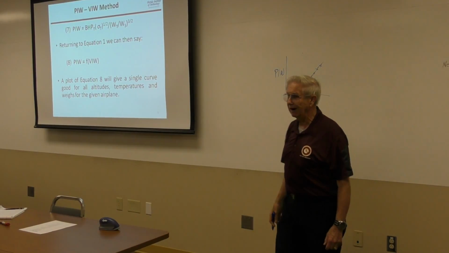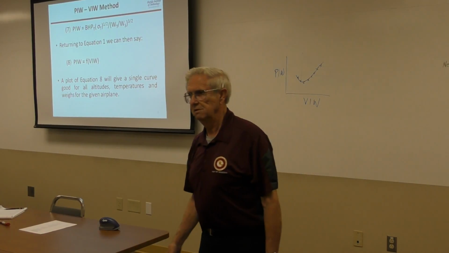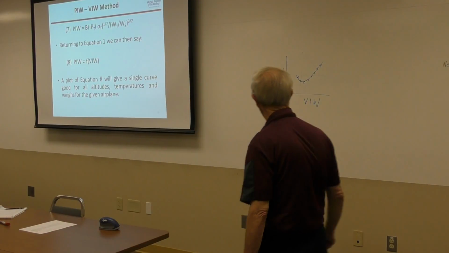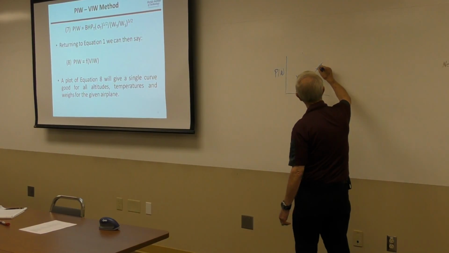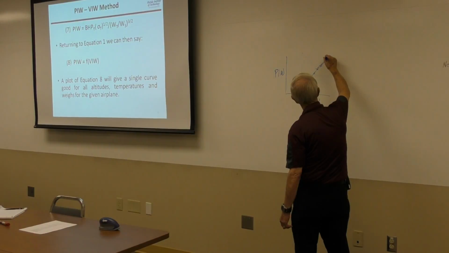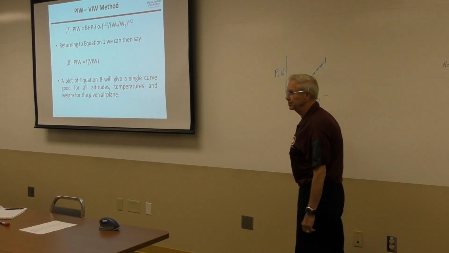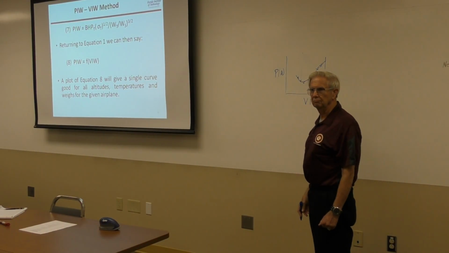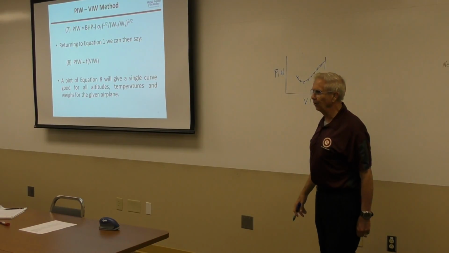This is really the power required curve. Out here on this end is the max level flight speed. That's as fast as you can go in level flight.